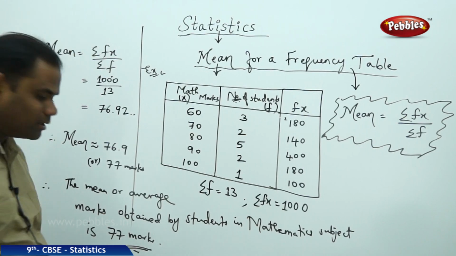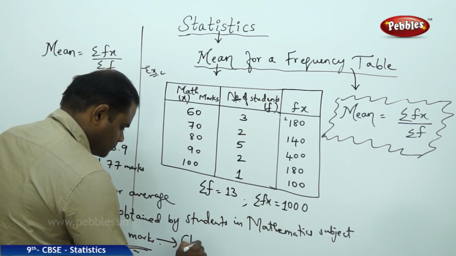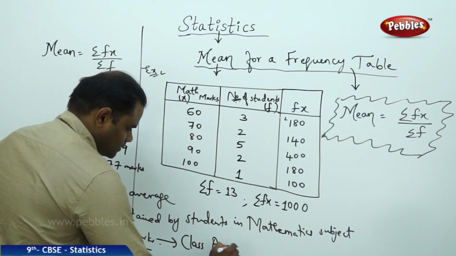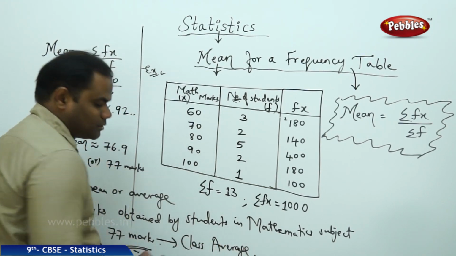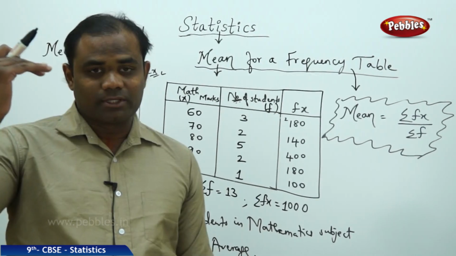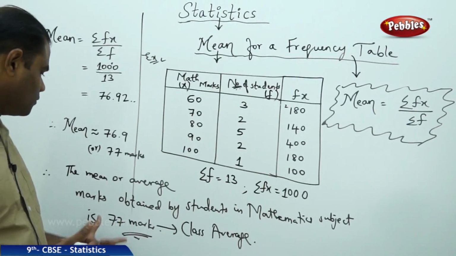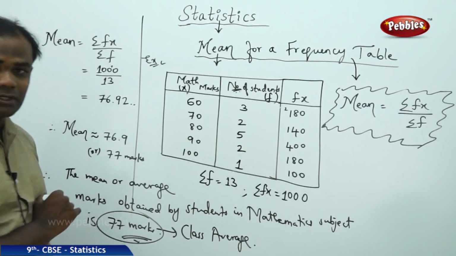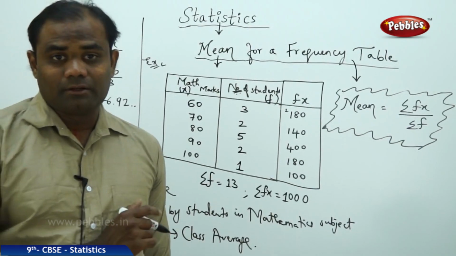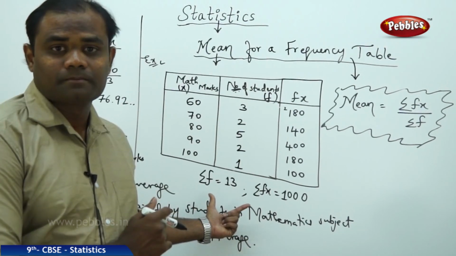I can say this to be the class average. The teacher proudly calculates the class average to know where the students are standing or the overall performance is standing out here. Therefore, the class average is 77 marks in mathematics subject.